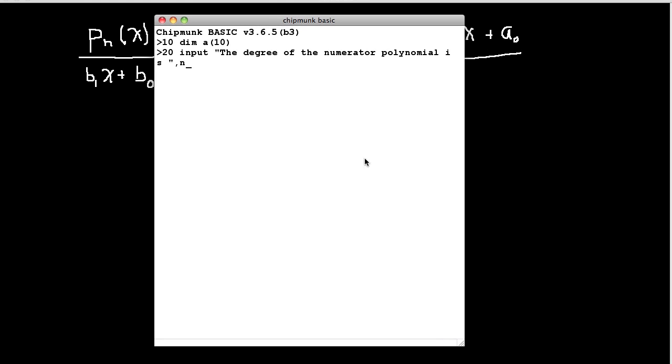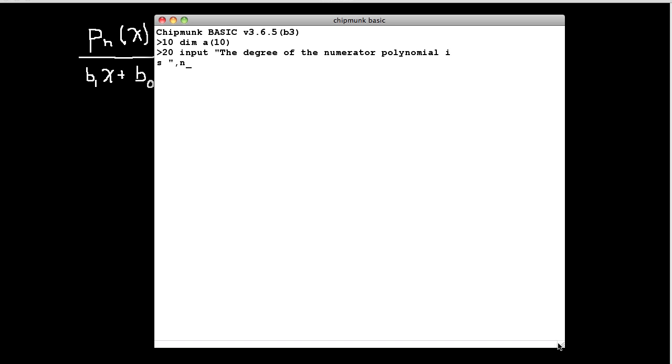So I'm setting the degree of the numerator polynomial to be n. Now let me list. Okay, so there I have that.